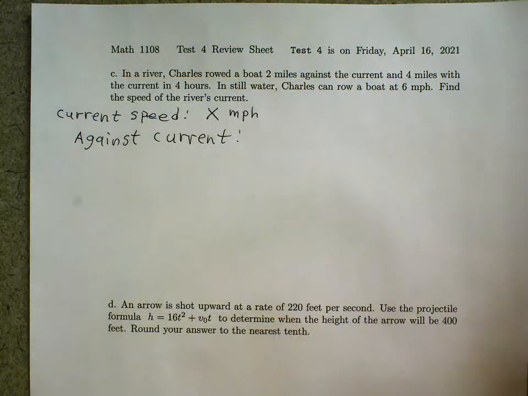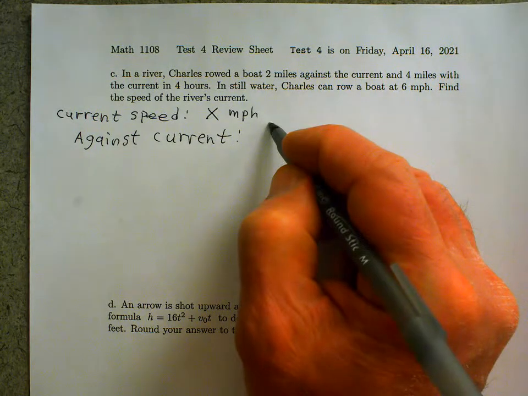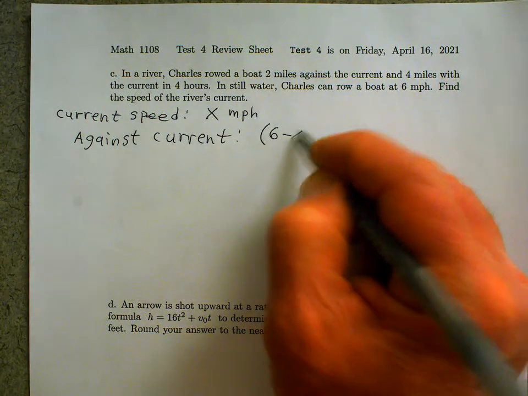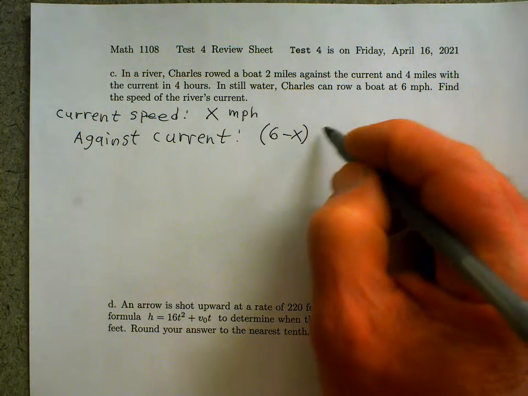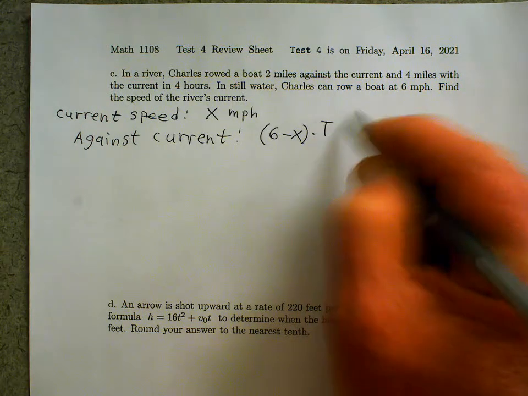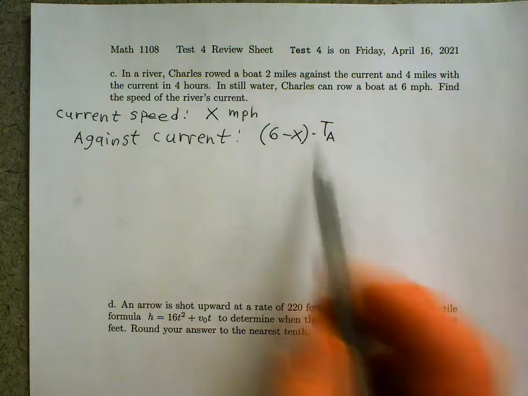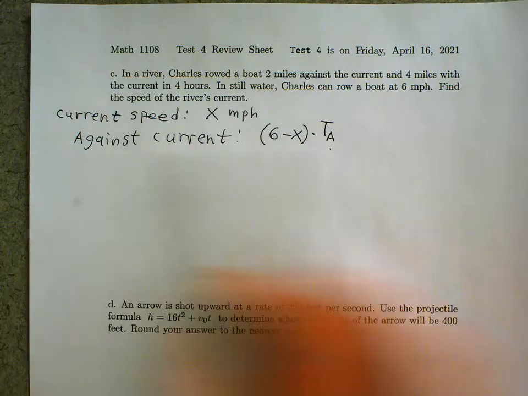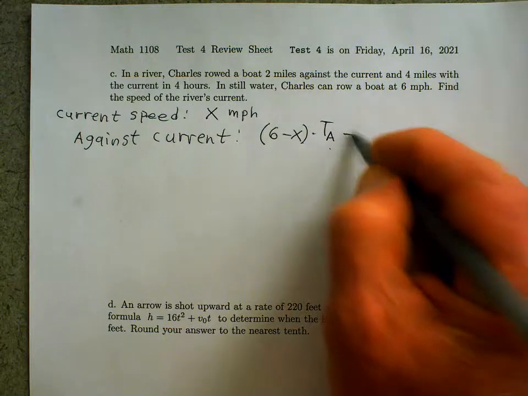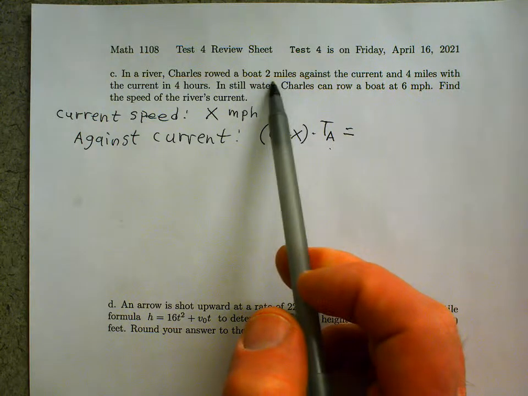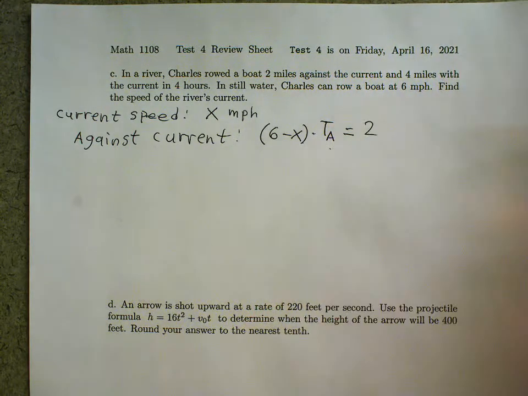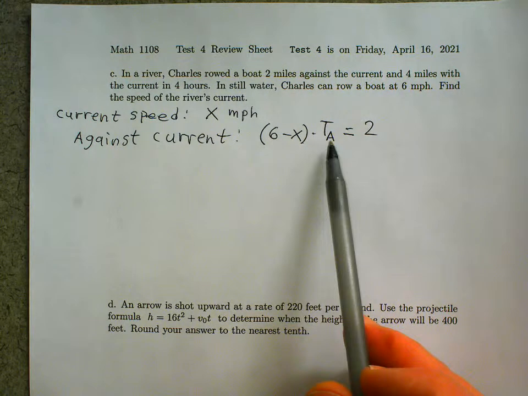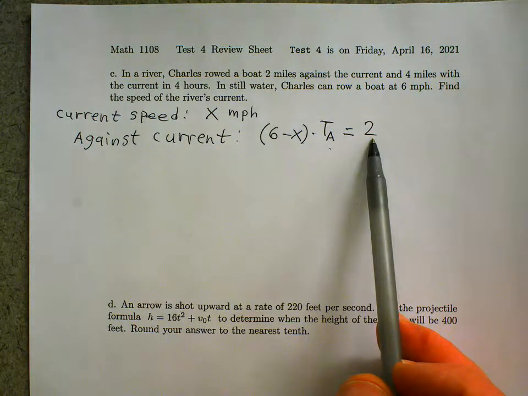So against the current, the boat will be traveling 6 minus x miles per hour. I'll use t sub a to represent the amount of time the boat was rowing against the current. And we're told that the distance against the current is 2 miles. So we have the rate of the boat multiplied by time equals distance.